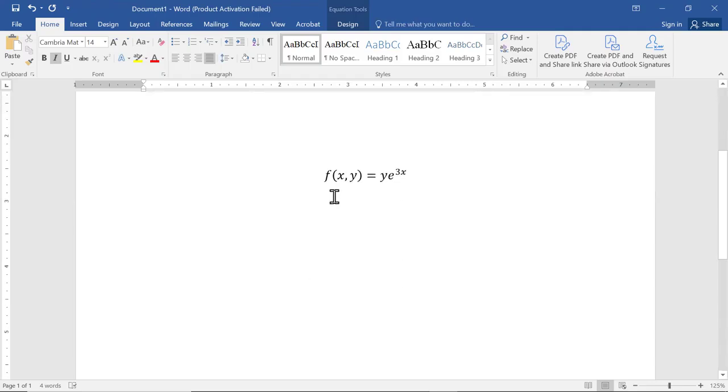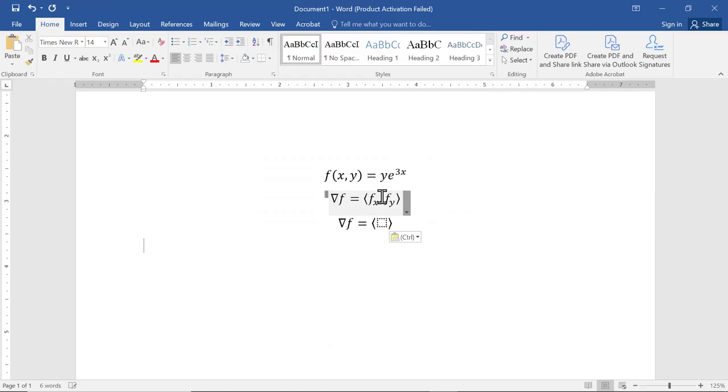Let's take a look at my other function, y times e to the 3x. Again, we're just taking the derivative with respect to x and the derivative with respect to y. So my gradient vector in this case, if I take a derivative with respect to x, I get e to the 3x times 3. So I get 3y e to the 3x. That's the derivative with respect to x.